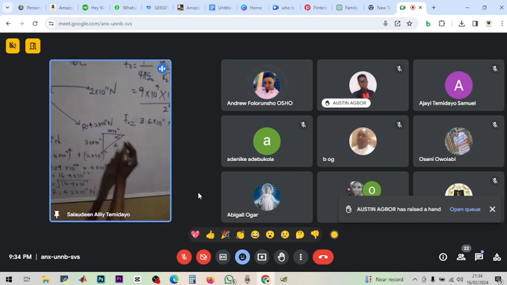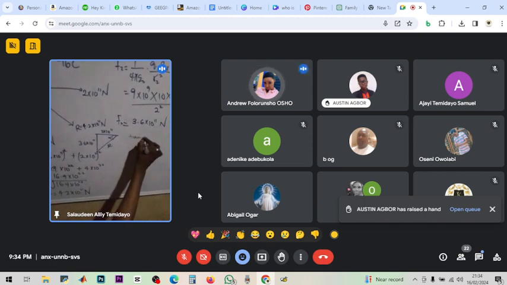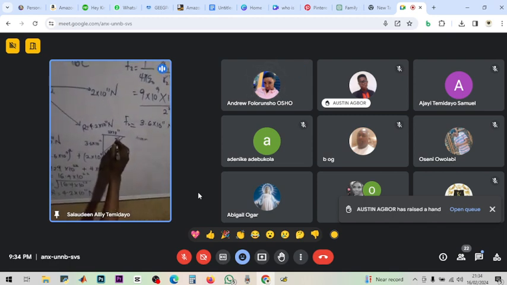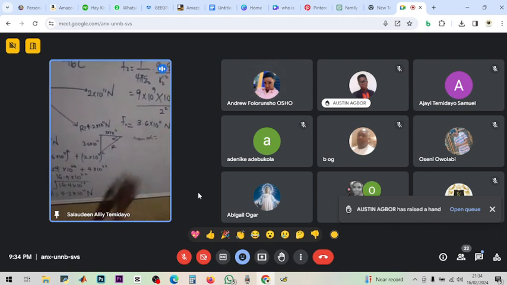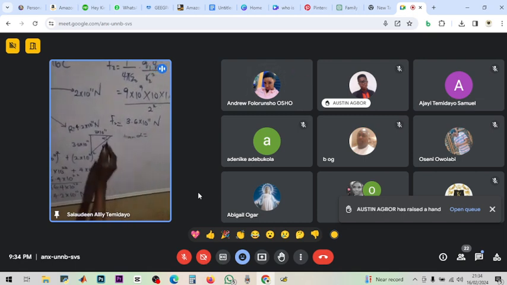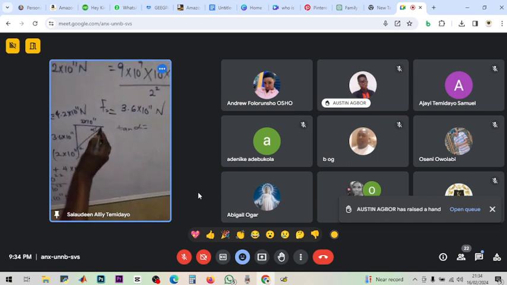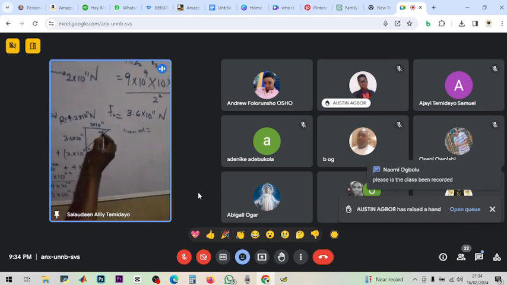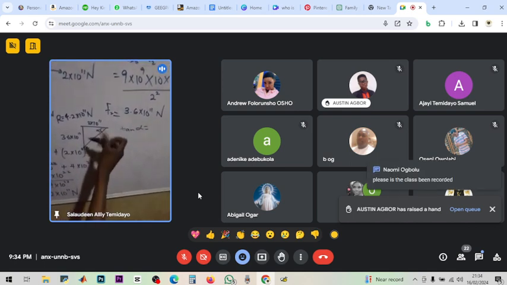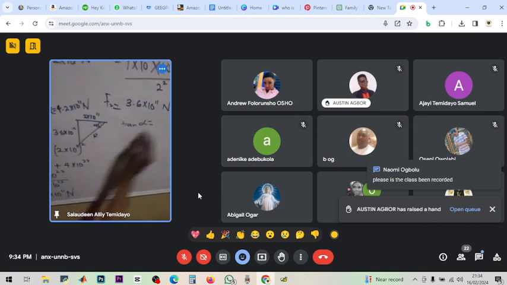So let me use tan theta. That is the best to use. My own is not theta here, right? So tan alpha equals opposite over adjacent. What is the opposite? The opposite of this angle is like this. You can see this is the angle, so this is what is opposite it.